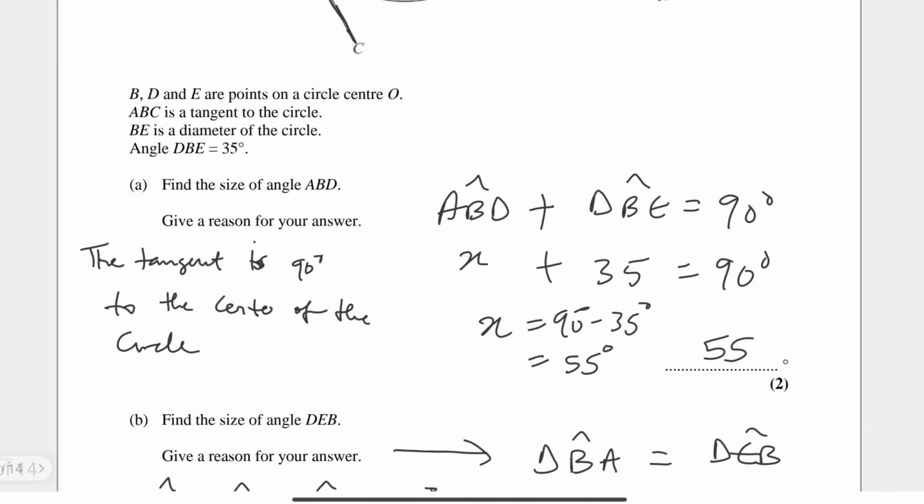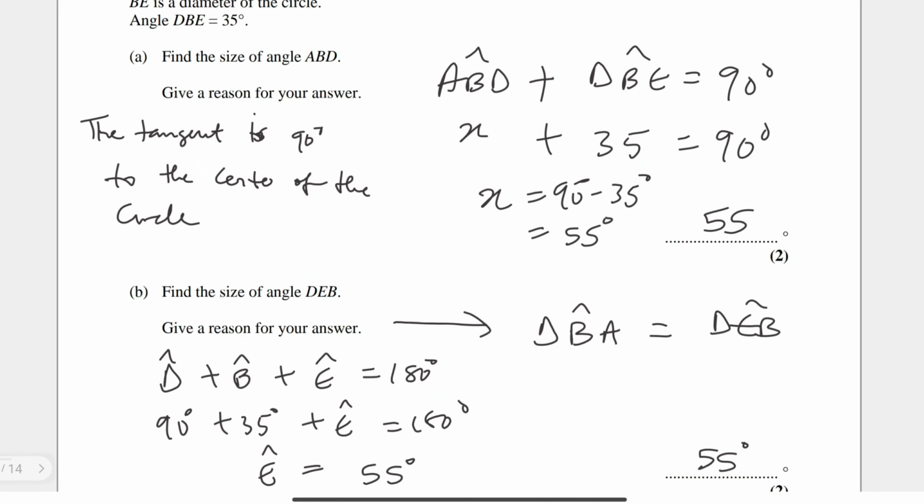DBA is equal to DEB. Yeah, and the reason for this is opposite angle, cyclic triangle are equal.